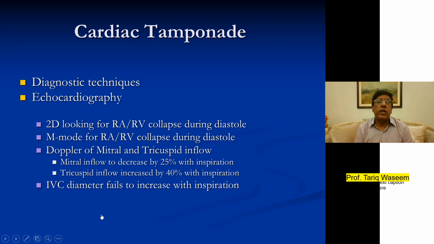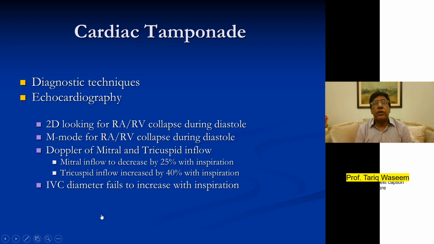The most yielding diagnostic modality for cardiac tamponade would be echocardiography. What do we look for? The 2D echocardiography looks for right atrial or right ventricular collapse as already described. An M mode echocardiogram would again be more significant in describing the right atrial and right ventricular collapse.